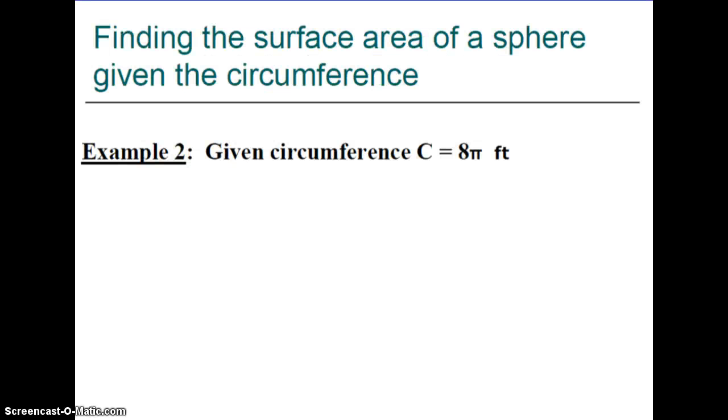Alright, find the surface area of a sphere given the circumference. So this is the great circle circumference of 8 pi. I need to take this 8 pi and set it equal to 2 pi r, to solve for the radius. Then once I have the radius, I can plug it into the formula for surface area, which is 4 pi r squared. So I would need to divide both sides by 2 pi.